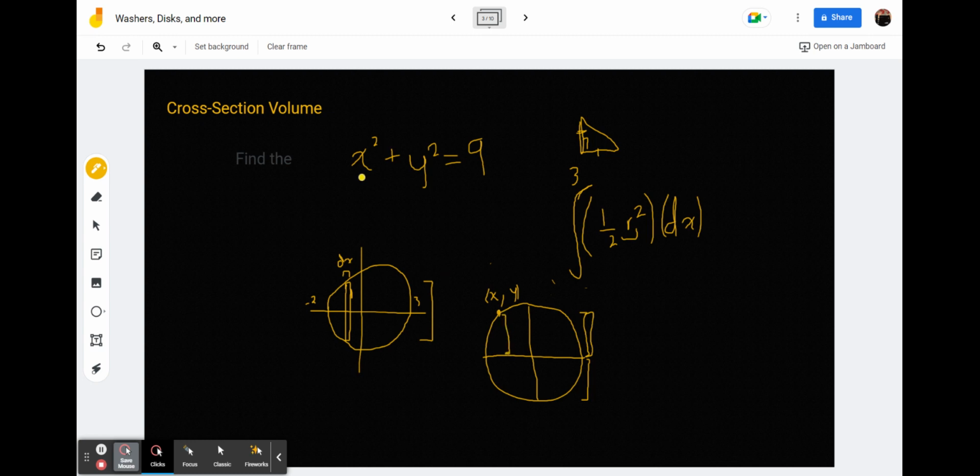Well, we take our equation and we rearrange it. So we'll get y squared is equal to 9 minus x squared, which gives us y is equal to square root 9 minus x squared.